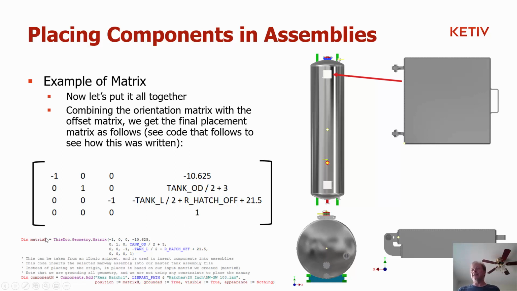The way that we write that in code is we create this matrix, and notice -1, 0, 0, minus 10.625, 0, 1, 0, and you can see the rest of it all right here. Now in Visual Basic, I could write this as one line with 16 values spread out in a single line, and I actually do that a lot because I like to save space.